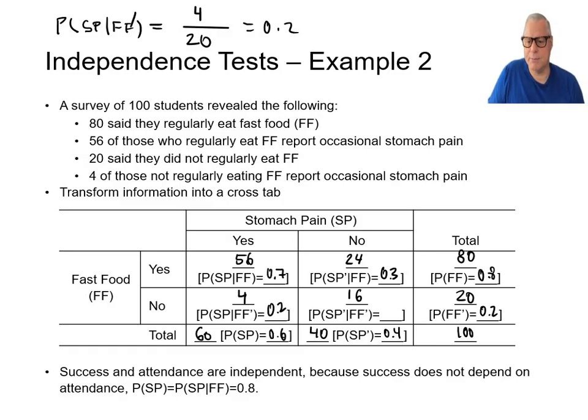Okay, and that means that of those who do not regularly eat fast food, FF prime, what percentage of those have no stomach pain, SP prime? Well, that is now 16 over 20, which is 0.8.